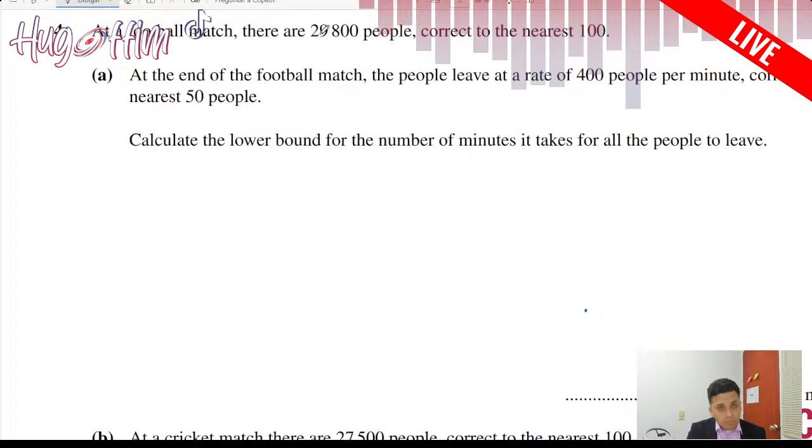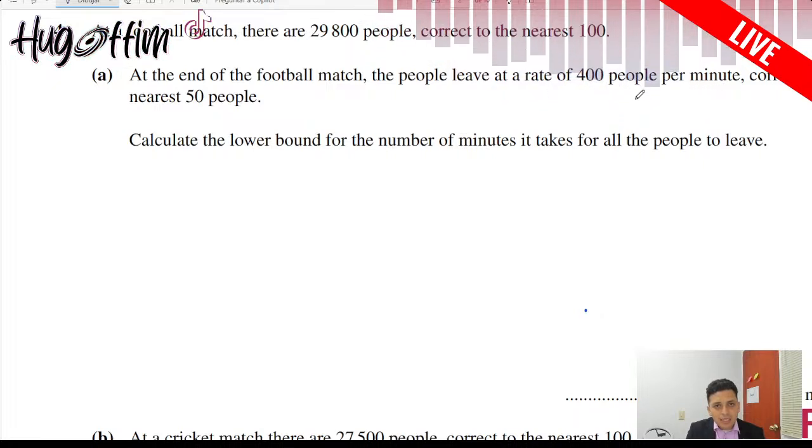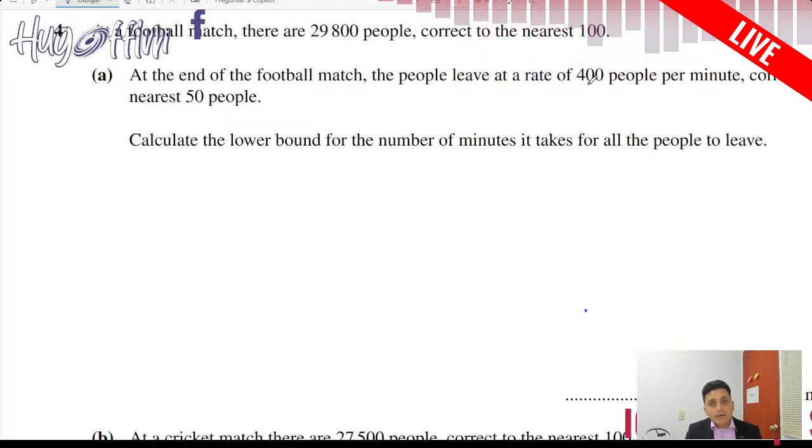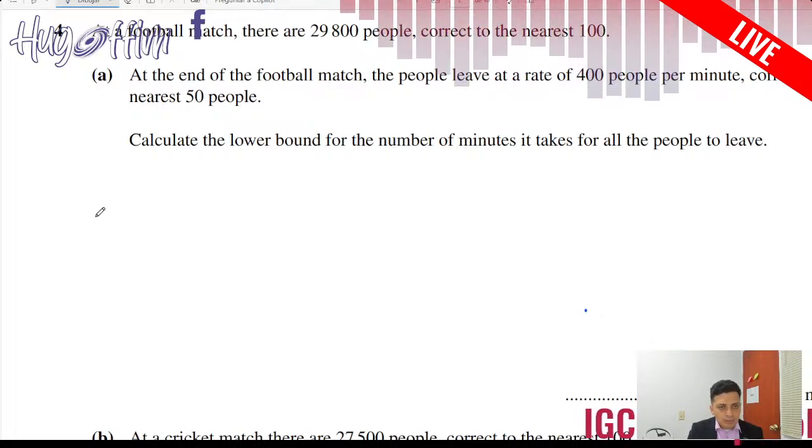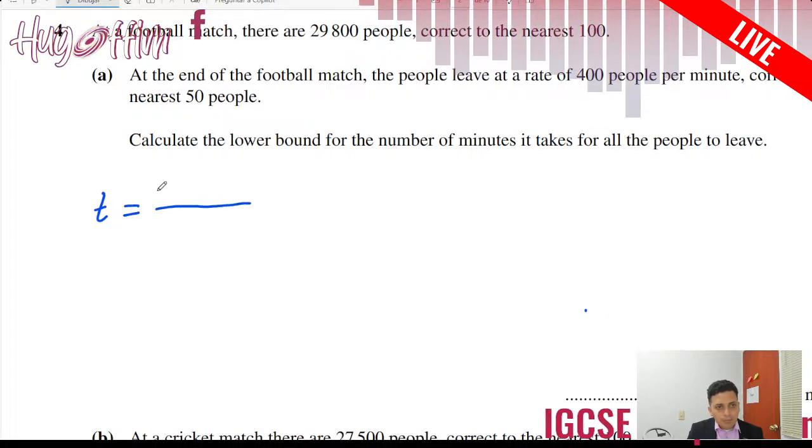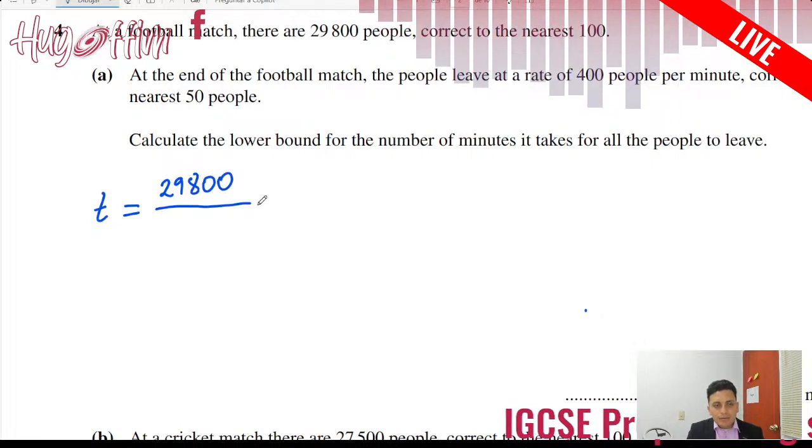If I ask to find out the time it's going to take for 29,800 people leaving at a rate of 400 people per minute, I just need to do a division. So the time is just the number of people, 29,800, divided by 400.